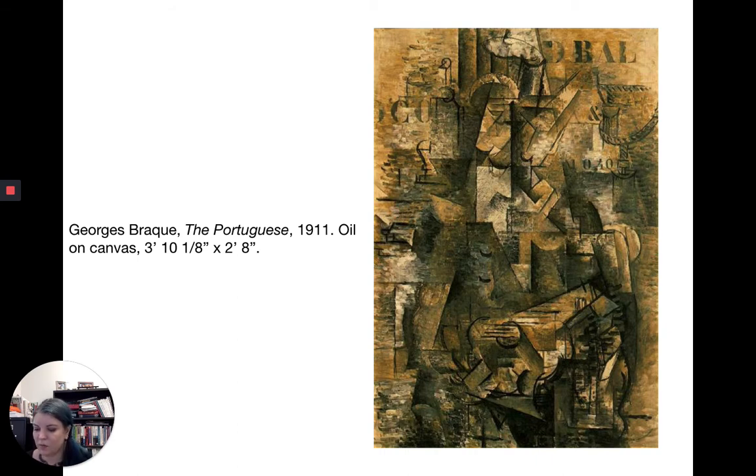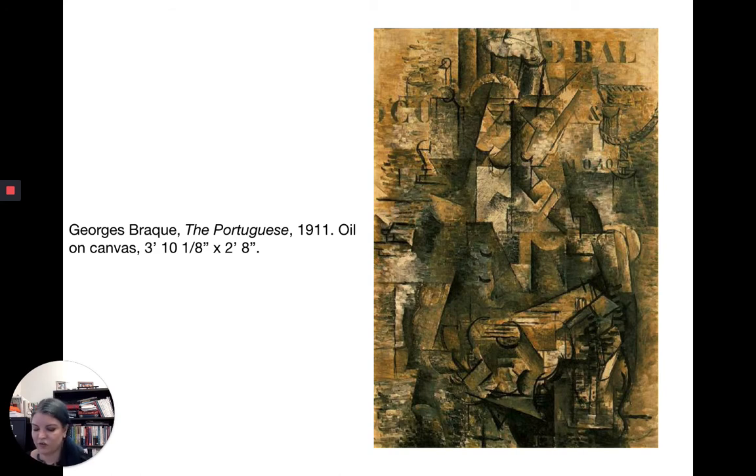Of developing Cubism with Picasso, Braque says, "The things we said to one another during those years will never be said again, and if they were, no one would understand them. It was like being roped together on a mountain." So they had a very involved relationship in terms of this artistic and theoretical exploration.